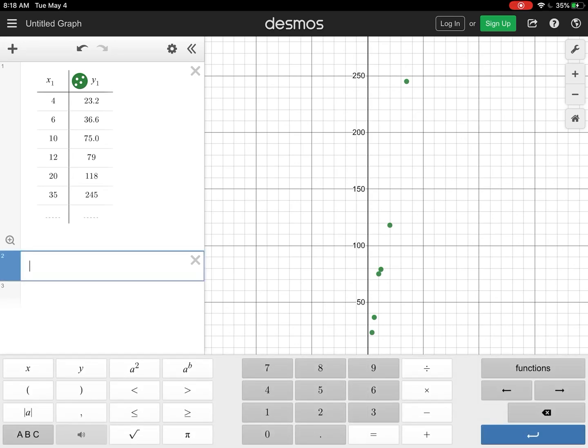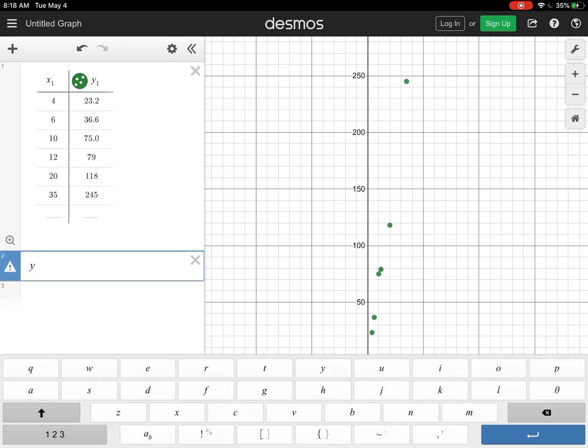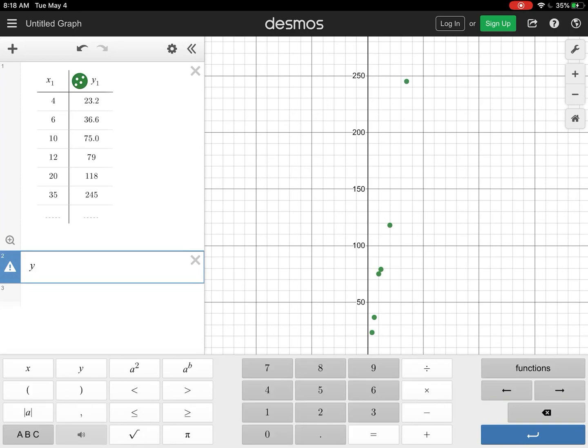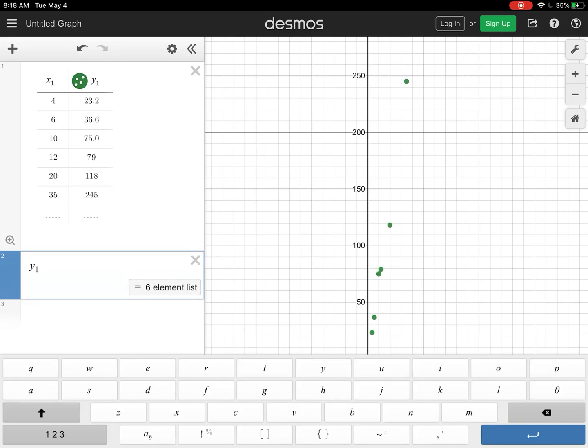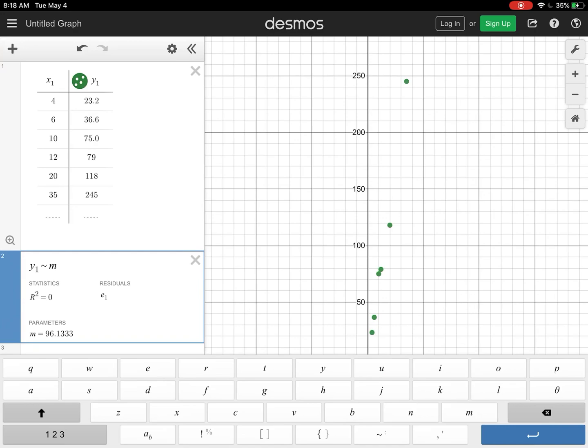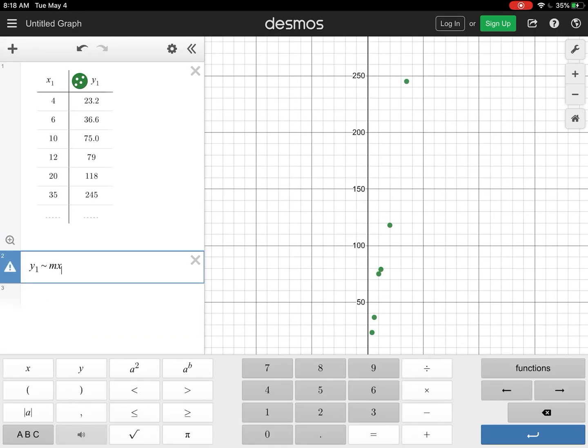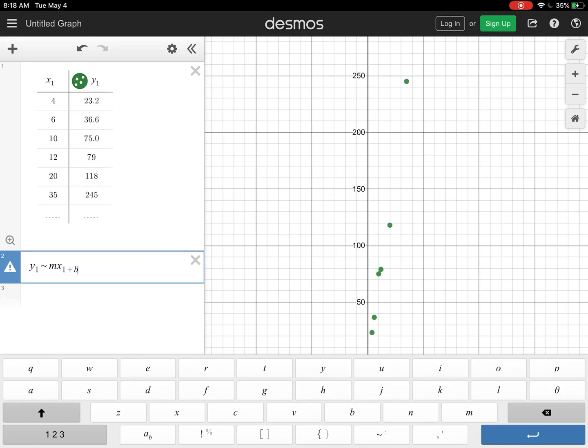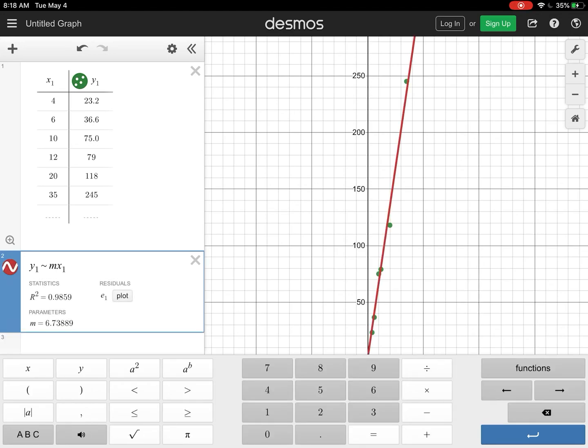I want my regression equation, so y1 tilde mx1 plus b.